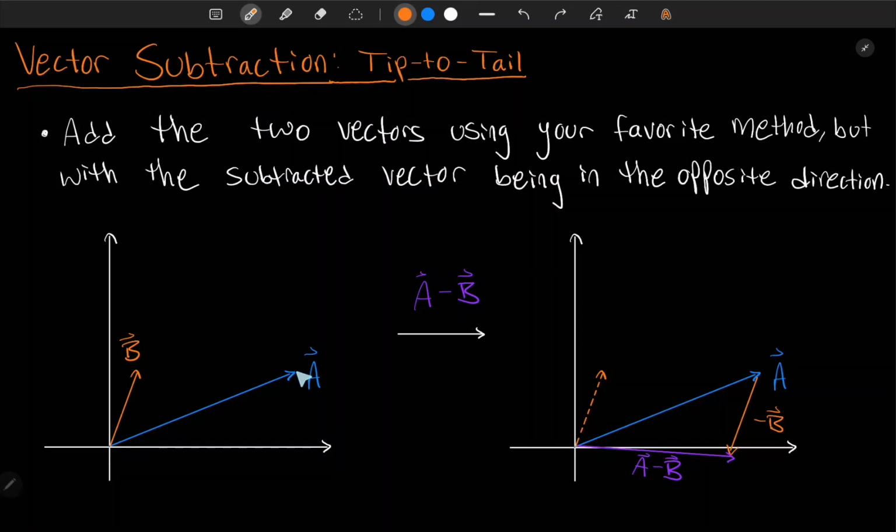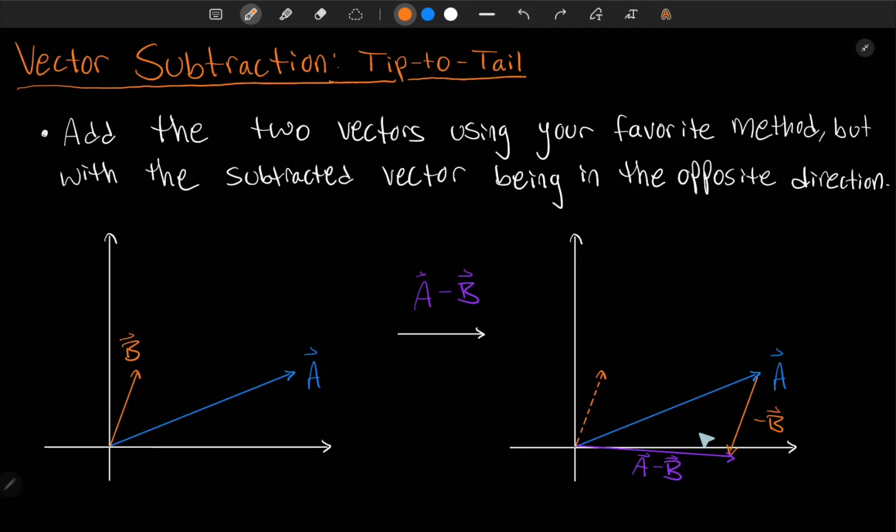So if you had b here, as I drew on the left, then the new b, you just draw a straight line down. And it has the same length of b, but it's in the exact opposite direction. So this orange line here, I would just flip b. And that's what the new b is for vector subtraction.